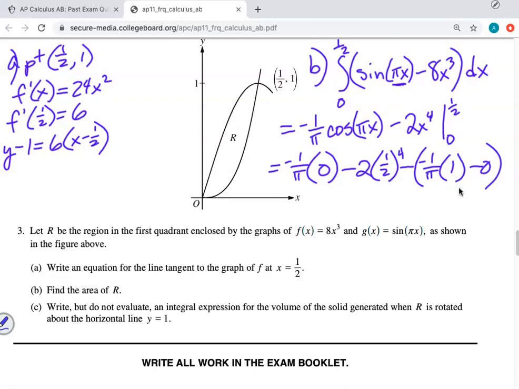Okay. And if you left it like that, technically that would be correct. Let's clean it up a little bit. 1/2 to the fourth is 1/16 times 2 is 1/8. So you have negative 1/8 plus 1 over pi.